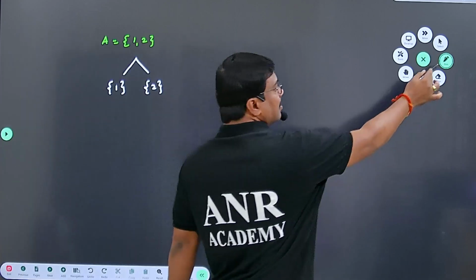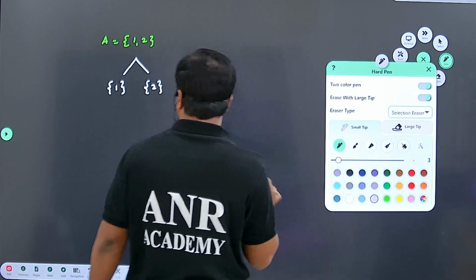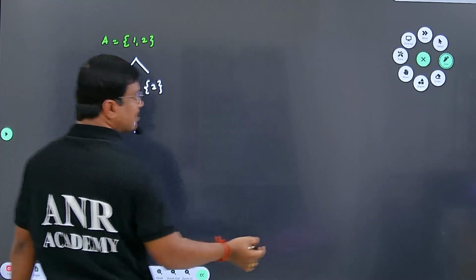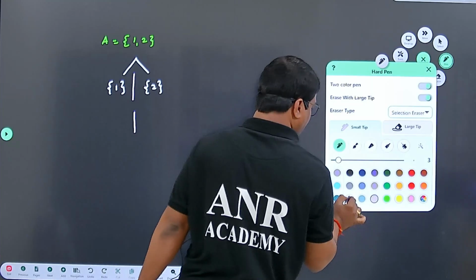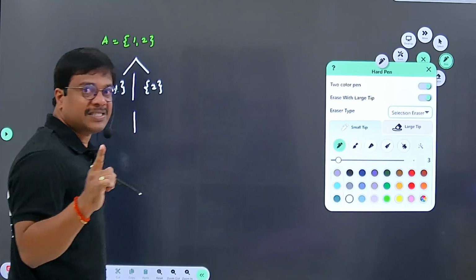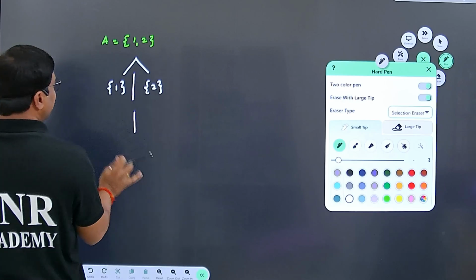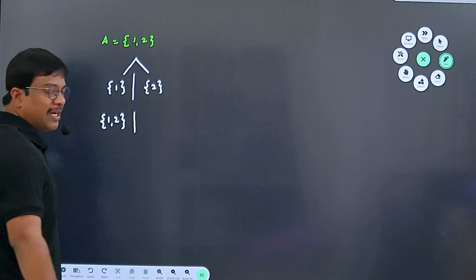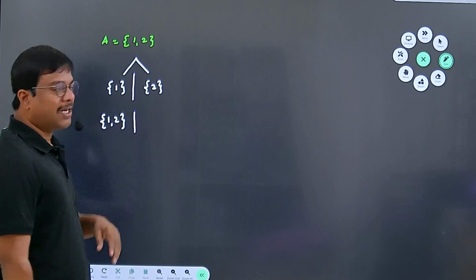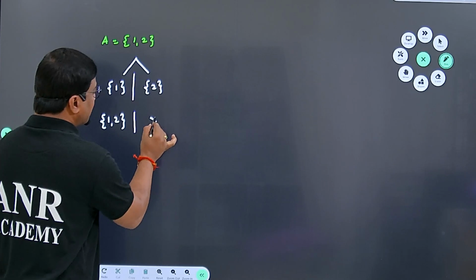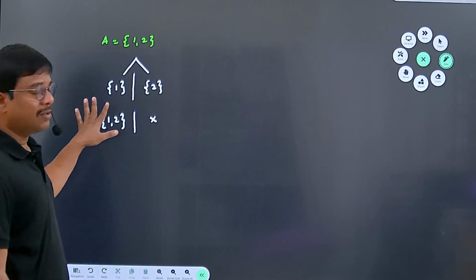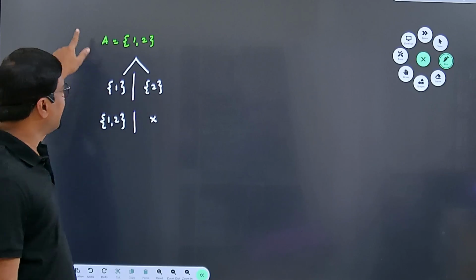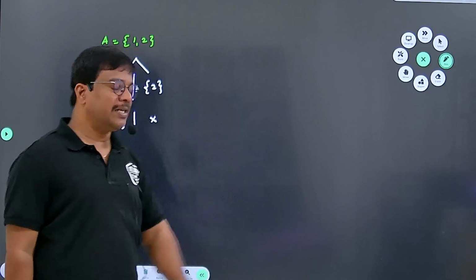This is one partition, right? And another partition, remember, I am talking about the number of ways of selections, not arrangements: 1, 2 together, and the other nothing. So 2 types of partitions are possible when the set A consists of just 2 elements.